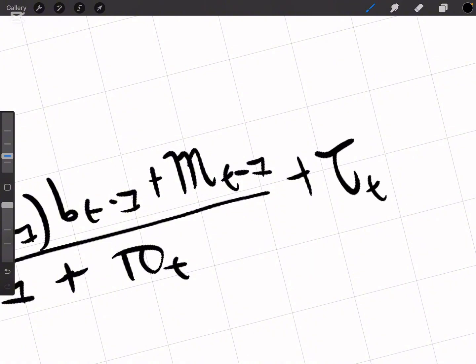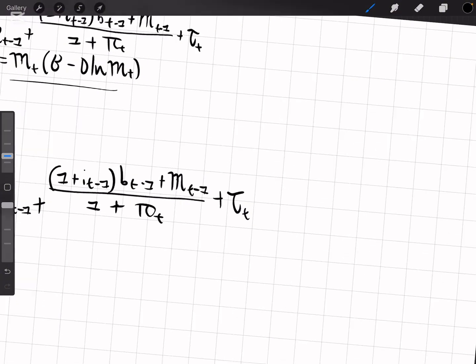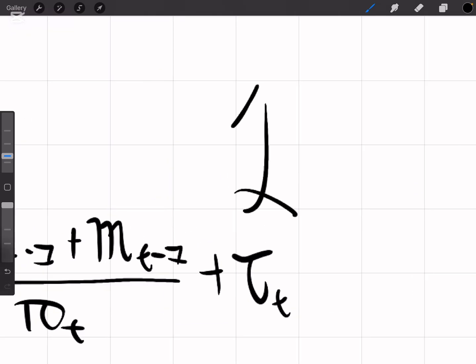Tau's a fun one because tau is equal to the movement of money. Give me a moment here. I said I wouldn't talk theory, and I'm getting right into it. I don't want to say something and then be wrong. Just give me one second here.